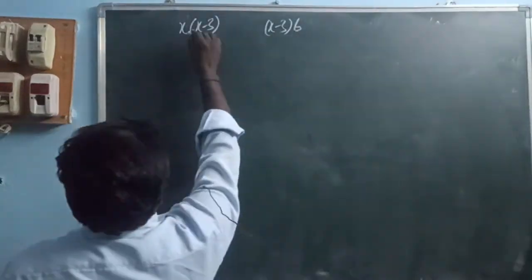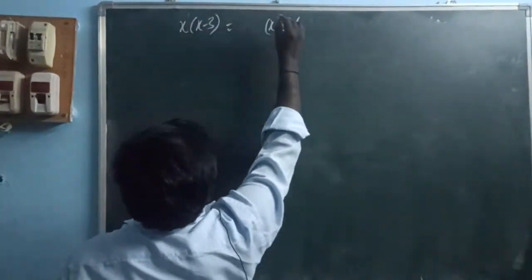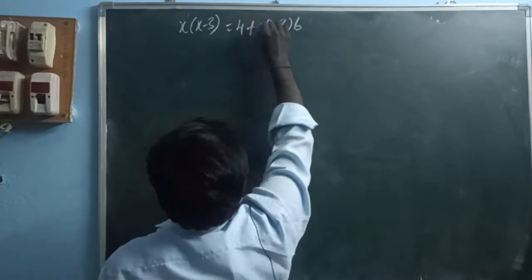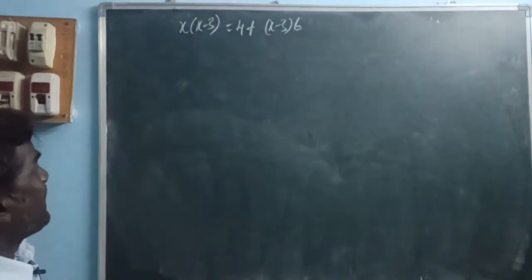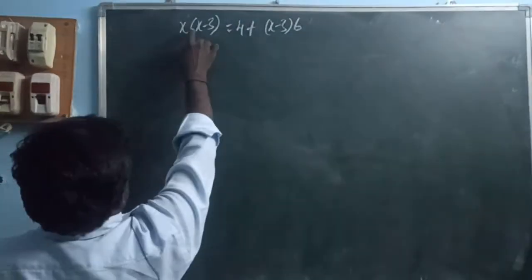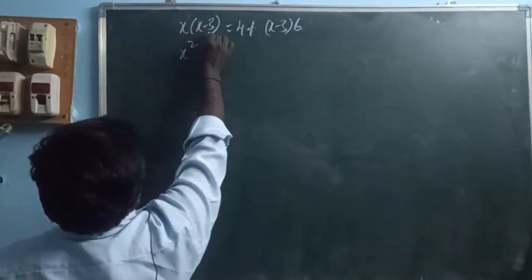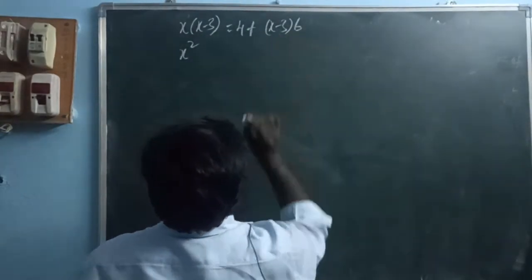Given that the area of the rectangle is 4 square meters more than the area of the isosceles triangle. So x into x, x square, is the area of the rectangle, and x minus 3 into 6 is the area of the isosceles triangle.